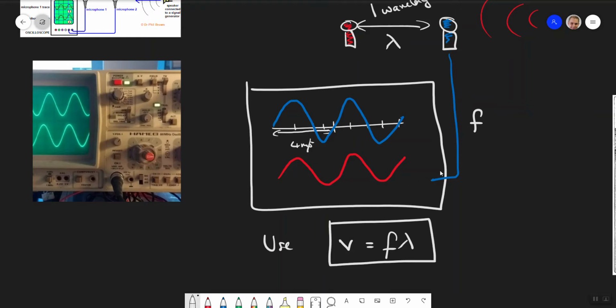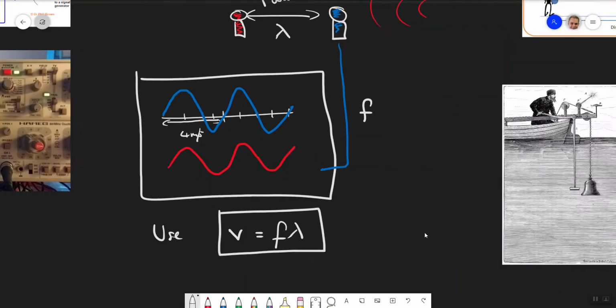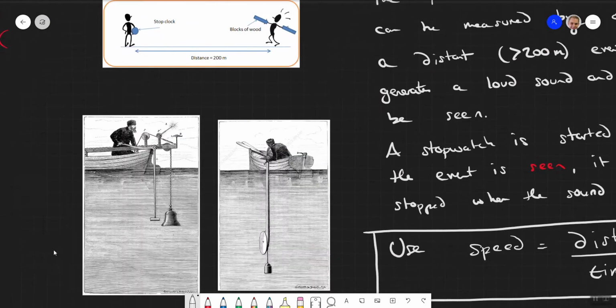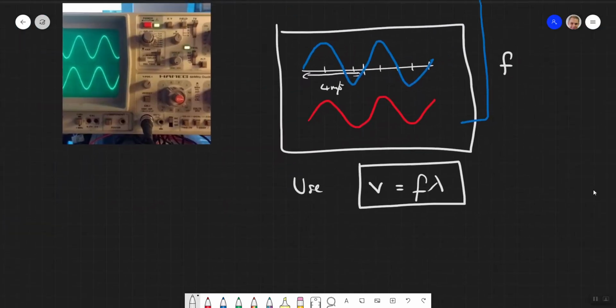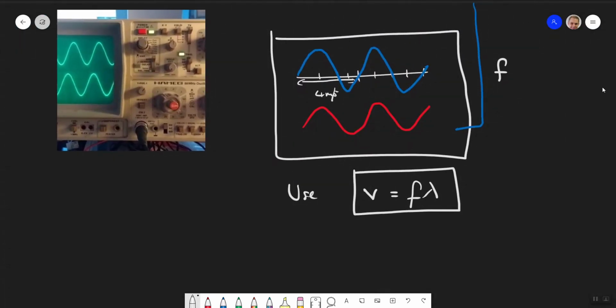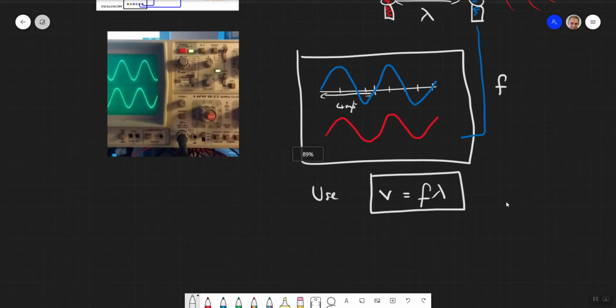Now you'll find it's a bit of a nightmare, that practical, which is why if you're ever asked to describe this method, it's so much nicer. But if you're after the methodology of using the oscilloscope, you can find it on page 37 of the CGP if you're after an actual breakdown of the methodology.